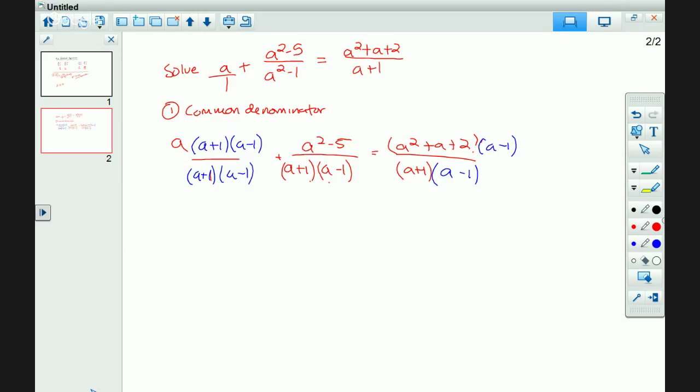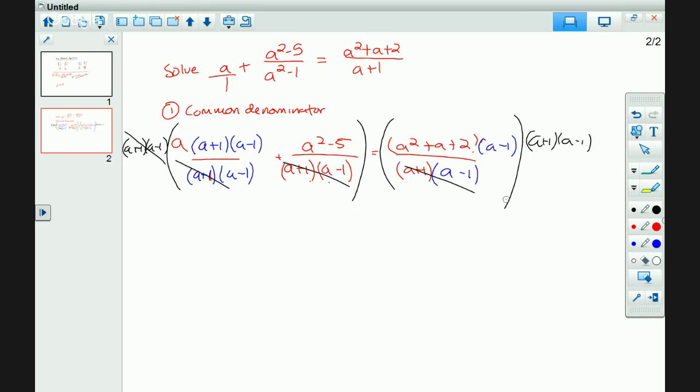So, without being magic, I multiply by the common denominator on each side. These all go here.